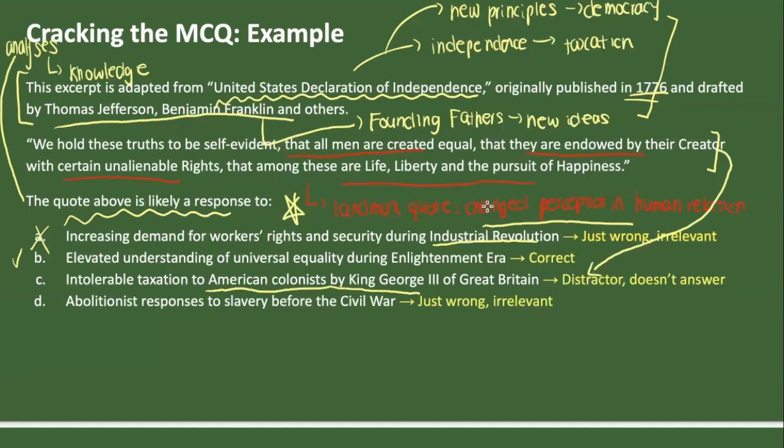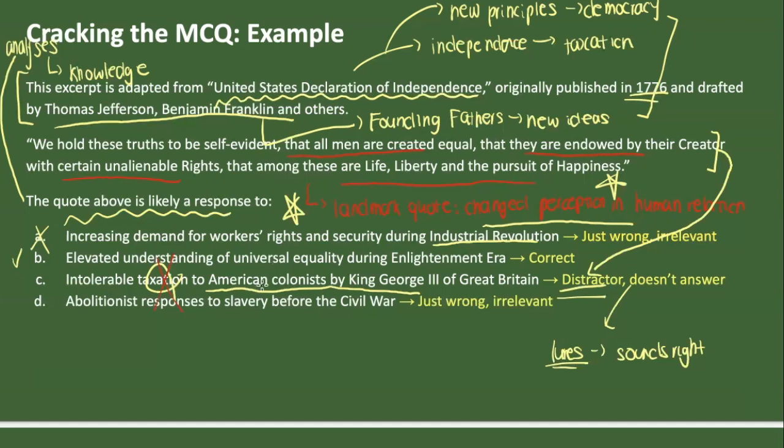No, it was more about how they have this renewed perception in human relations, based on my understanding of the stimulus. So this is the distractor that I'm talking about. It sounds right. It lures you. It always sounds right, and it's worded so nicely that you're going to choose this at first glance. But that is actually a very wrong approach.